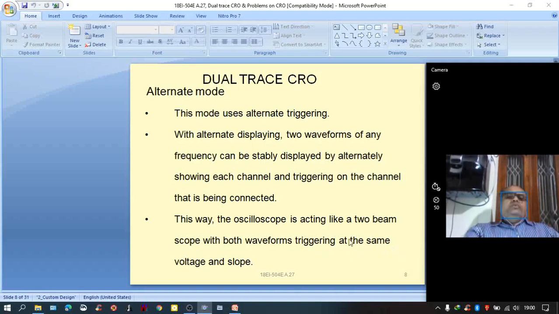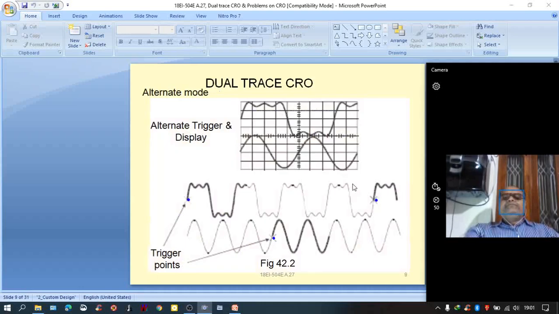So both the signals would be appearing alternately, one in one cycle, the other in the other cycle. And the visual display continues to appear even when the sweep is not available, because of the persistence of the phosphor material. This is how you can see the waveforms in the alternate mode.